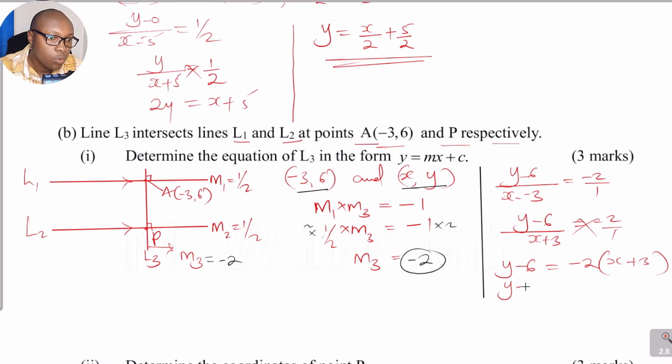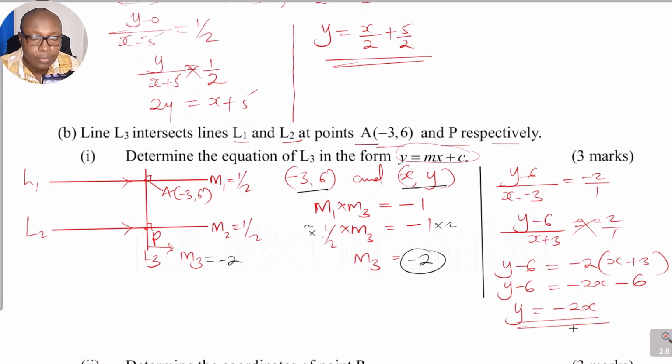So this gives y subtract 6 is equals to negative 2x subtract 6. Writing it in the form y is equals to mx plus c, add 6 to both sides to eliminate negative 6 from the left hand side. You'll have negative 2x plus negative 6 plus 6 to be 0. So that will be the equation of line 3.